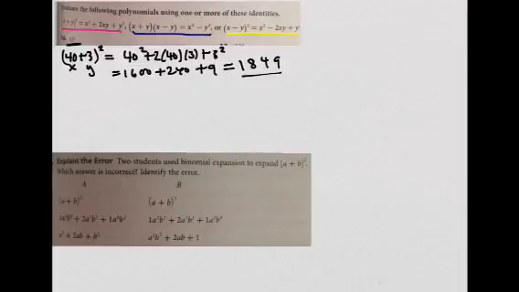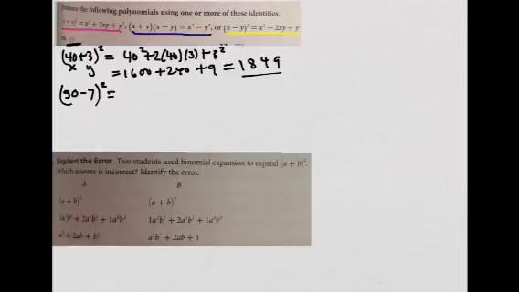I could also use the yellow one. I can use this one over here if I wanted to. But instead of 40 plus 3, I want two numbers that subtract to give you 43. So a combination you can use is 50 minus 7. 50 minus 7 is 43. And we're going to square it, right?